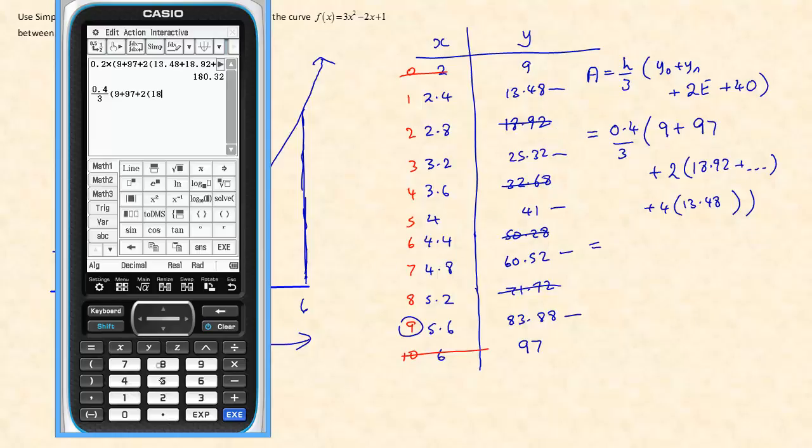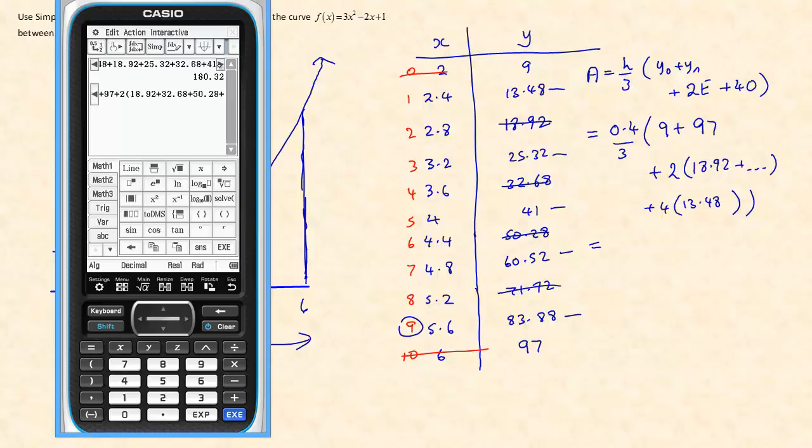So 18.92 add 32.68 add 50.28 and 71.72. I think that's 71.72.